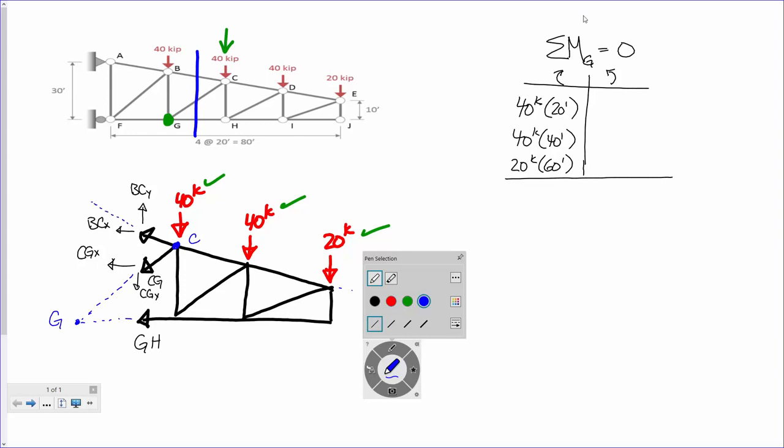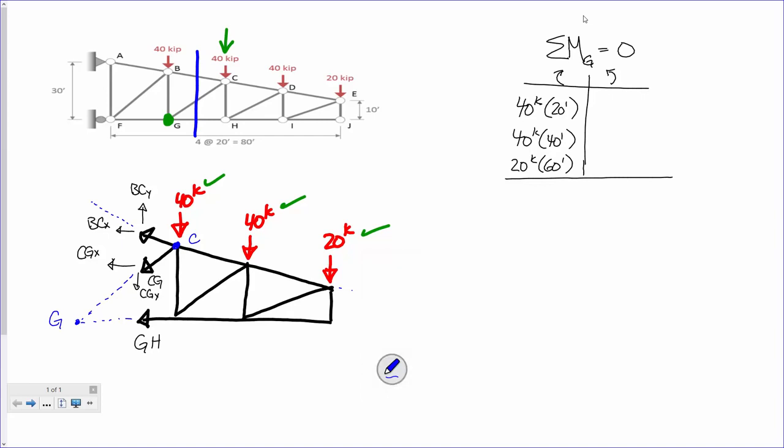This BCX and BCY, I can move it up and down this line, right? Remember, principle of transmissibility, as long as it's acting along that line, it can move wherever. Okay, watch this. I'm going to move those forces here and here.